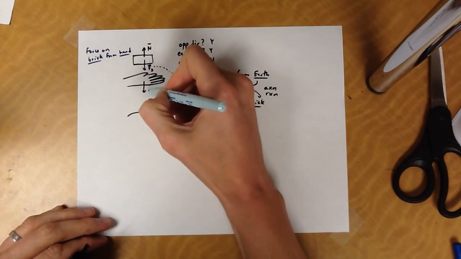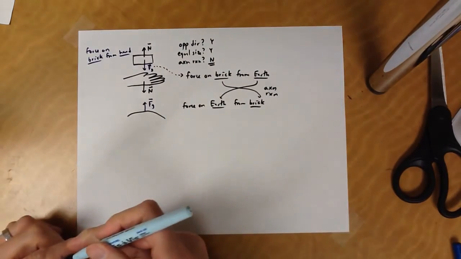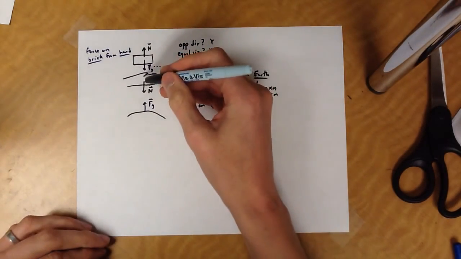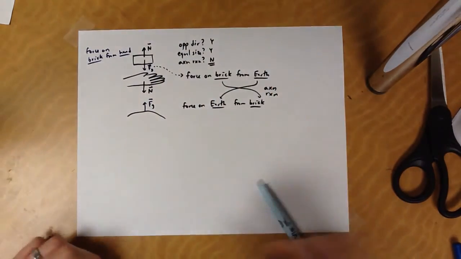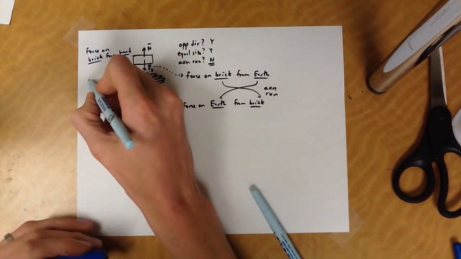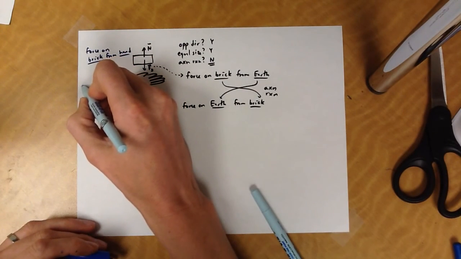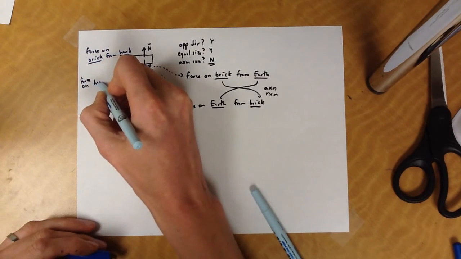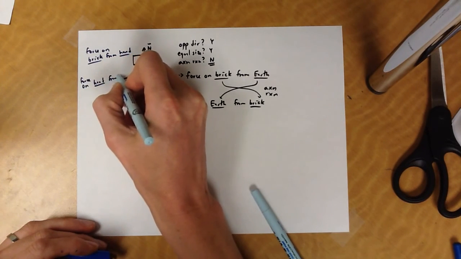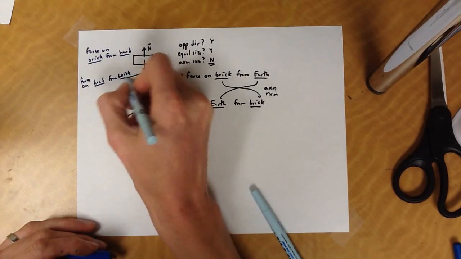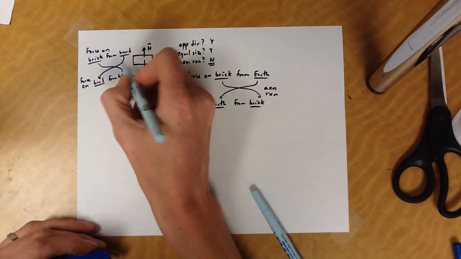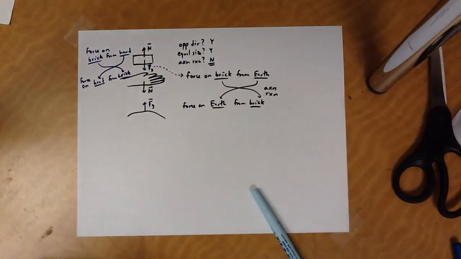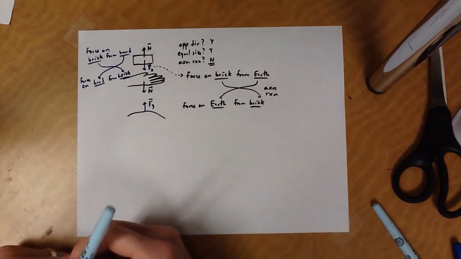So I'm going to mark that. If the hand pushes up on the brick, the brick pushes down on the hand. So I'll label that partner. It's force on the hand from the brick. That's an action-reaction pair. Those are always equal and opposite.